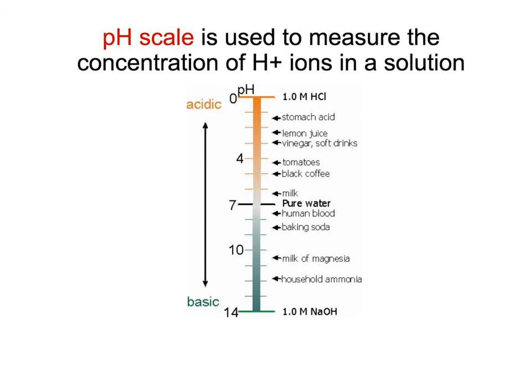You remember the pH scale is used to measure the concentration of hydrogen ions, and it measures the acidity or basicity of the molecules. You know pure water is neutral, and its pH value is 7.